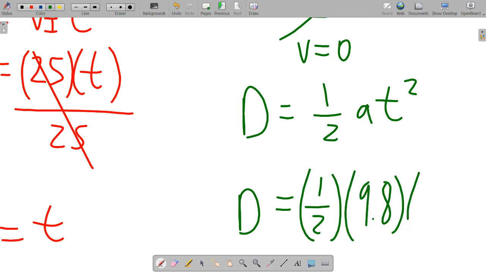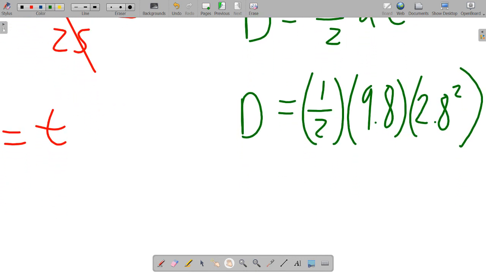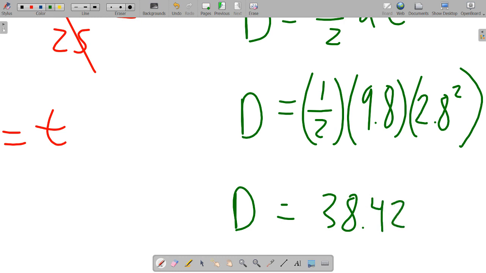We plug in the time in free fall that we solved for before, 2.8 seconds, and of course, we're going to square that. When you put 1/2 times 9.8 times 2.8 squared in your calculator, your displacement in the y direction is going to be 38.42 meters. And that is your final answer.